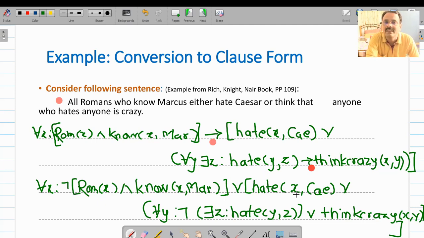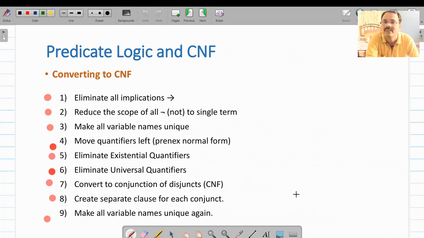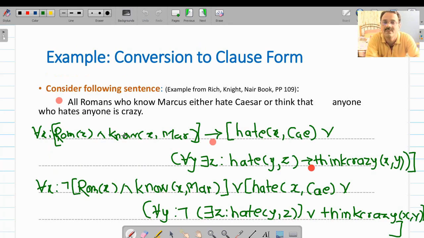Then apply step 2. Step 2 is reduce the scope of not operators. Now find it out here: the scope of this first not is both these predicates. So you reduce its scope by applying De Morgan's law. So this will become not Roman x or not know x Marcus. Then this will be as it is.